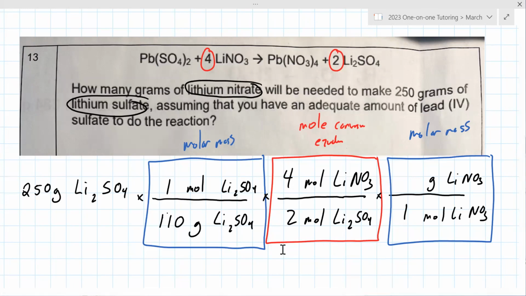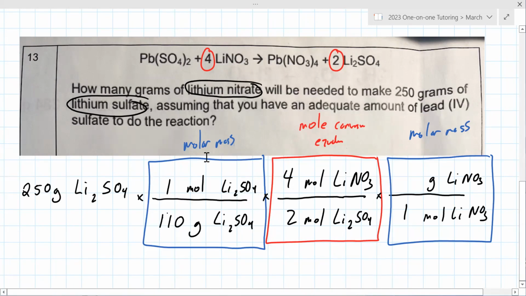Sorry, the first blue. 2 LiSO4 is the product of that first equation. These are the reactants, and then the products are on the right. That's just how they express this in chemistry.